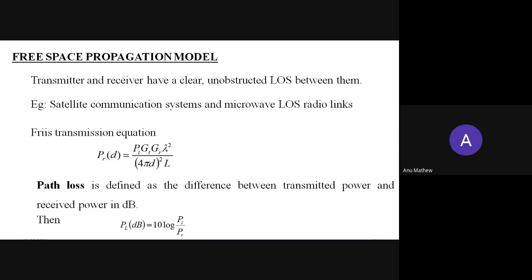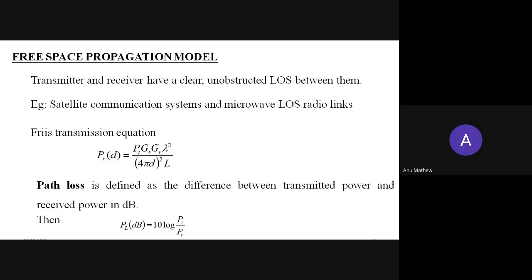In the case of line of sight propagation without any obstructions, we use this free space propagation model. It is actually a theoretical concept. In practical cases, there is no free space propagation mechanism.